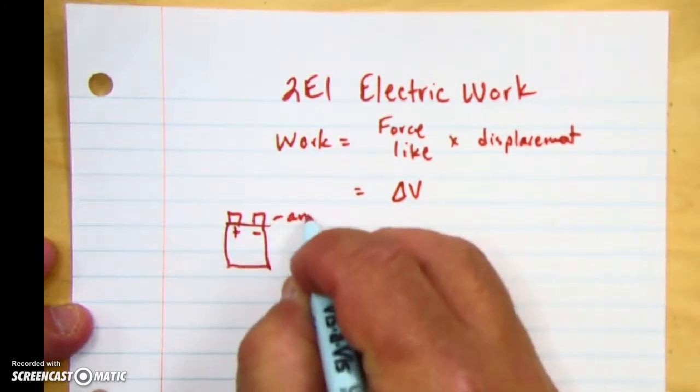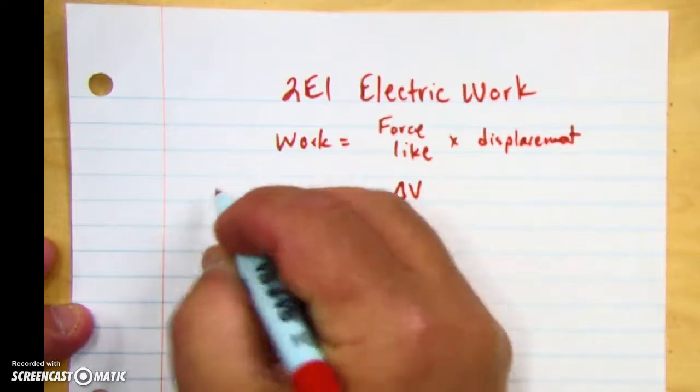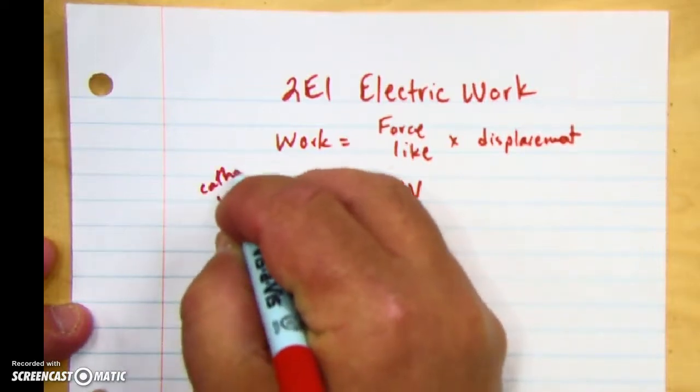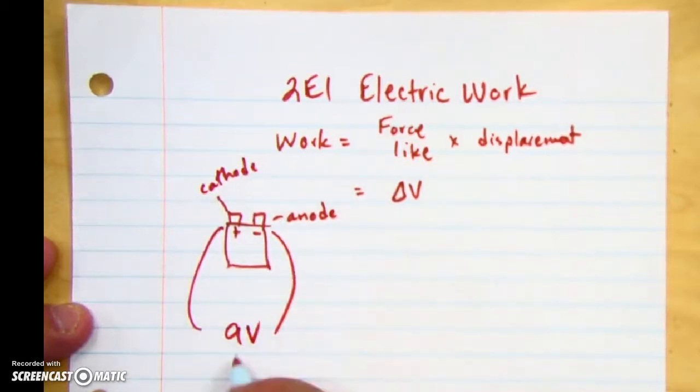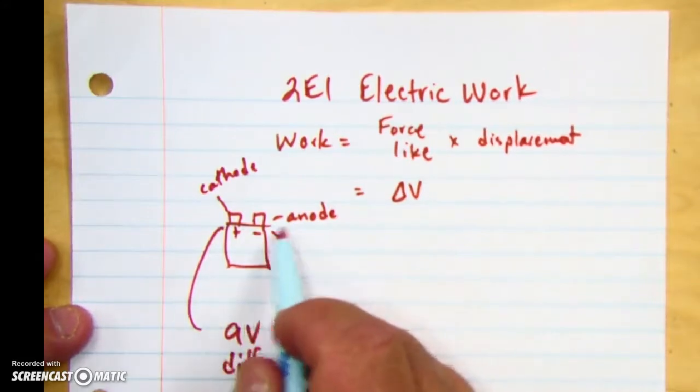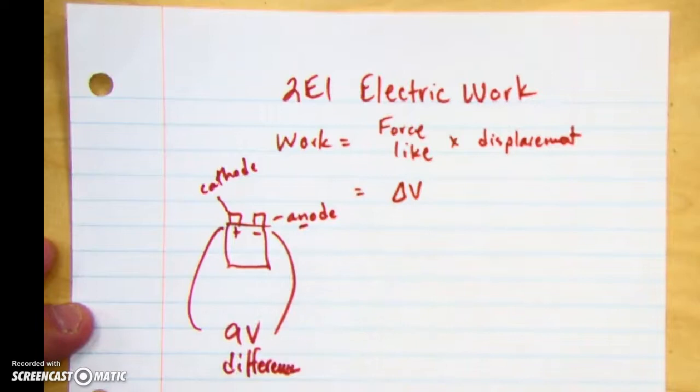This is called the anode. This is called the cathode. And here's the key thing: when I connect those, there's a 9-volt difference. We just call it a 9-volt battery, but in reality it's because there's a difference between the two sides of the battery. Again, remember, the negative part is the anode because it's got N in it.